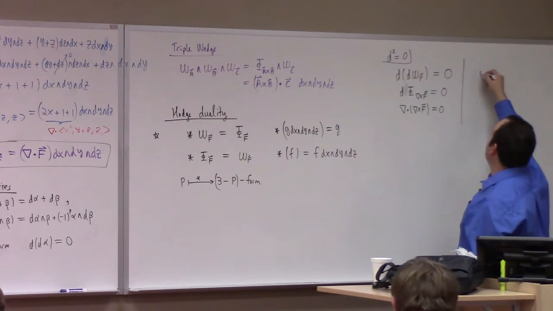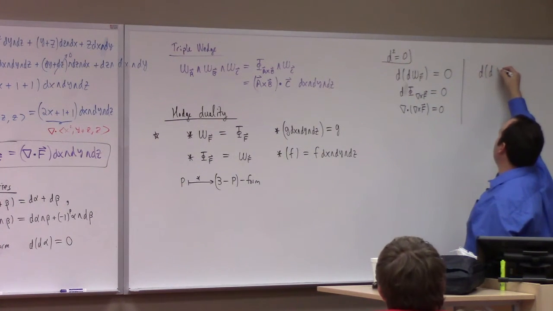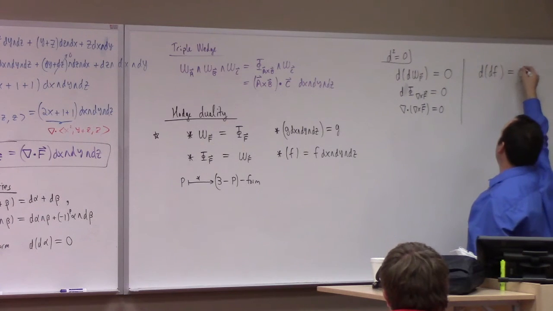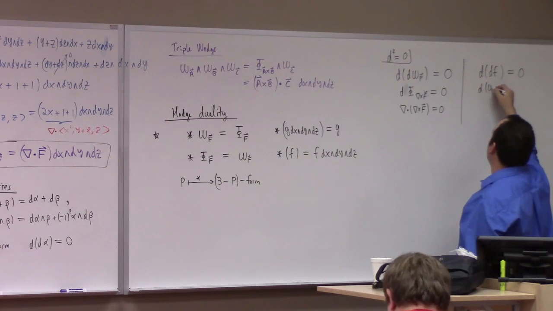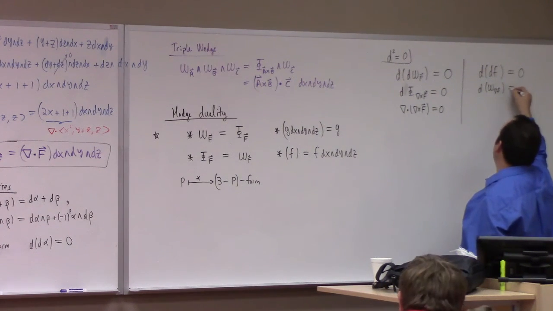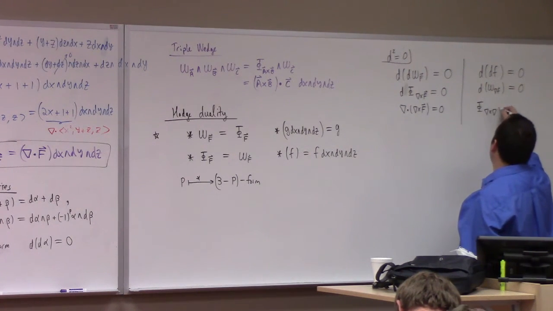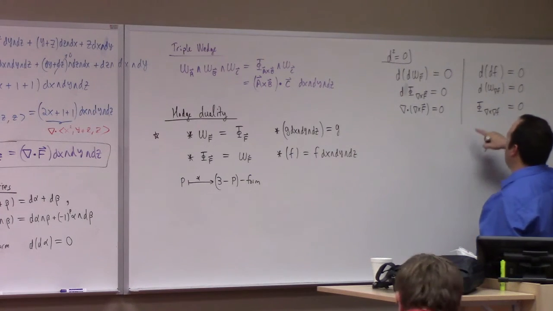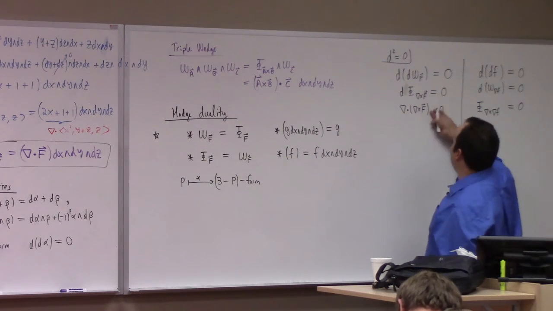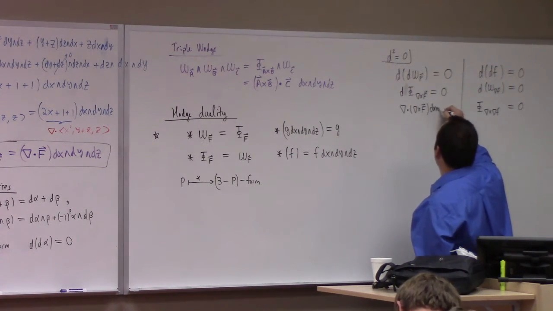On the flip side, you could look at d of df itself, little f. This says d of the work form of the gradient of f is equal to 0, which says then the flux form of the curl of the gradient of f is equal to 0. There's still a dx wedge dy wedge dz technically here.